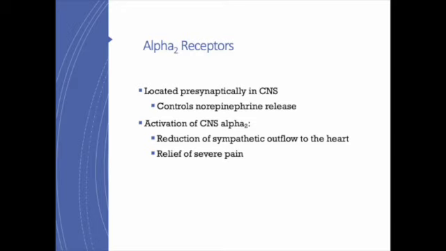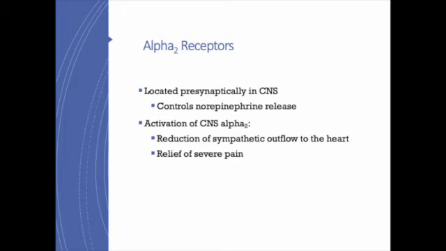But the ability to activate the alpha 2 receptor in the periphery has little clinical significance because there's no therapeutic application related to triggering an alpha 2 receptor in the peripheral space. So really, if these receptors get activated, you're not going to have any significant reaction or adverse effect.